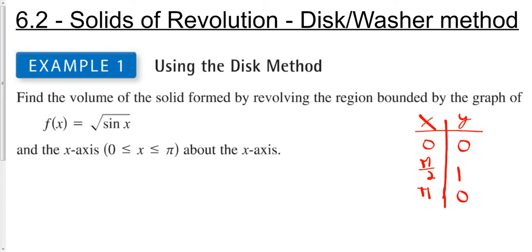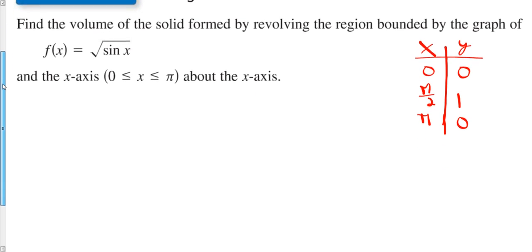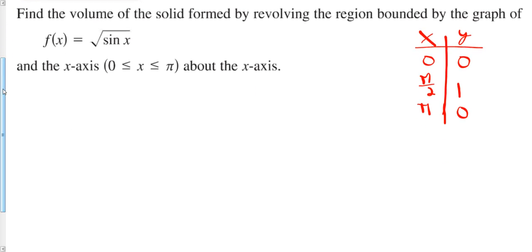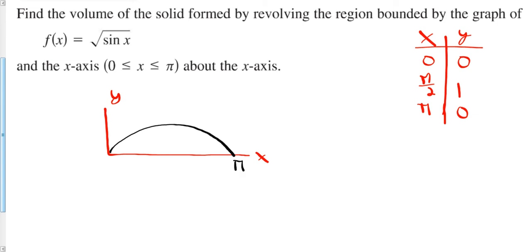So just getting a general idea of what this is going to look like, it's going to look something like this. Here's our x-axis, here's our y-axis. This is pi, and we want to go from 0 to pi.